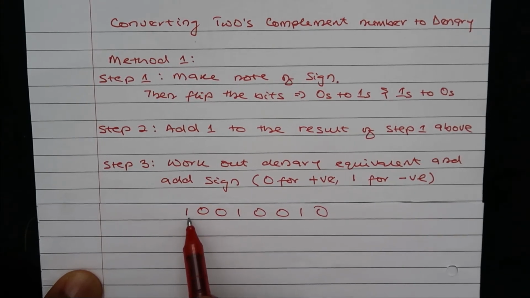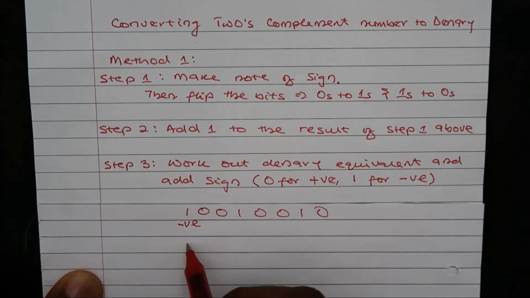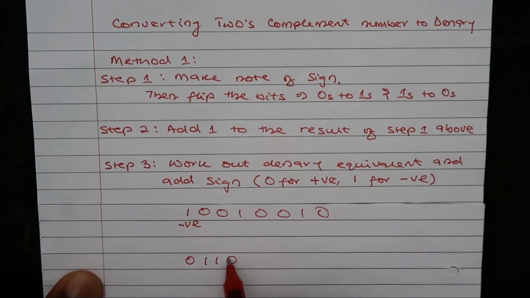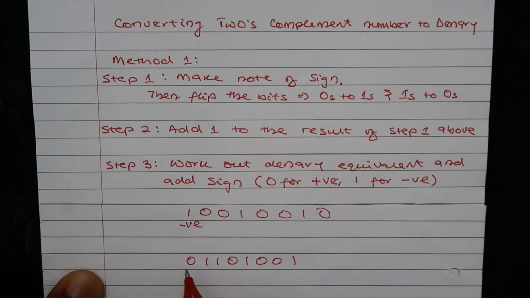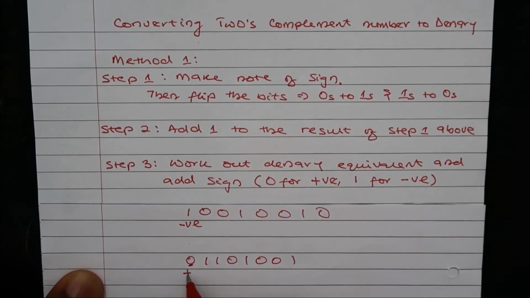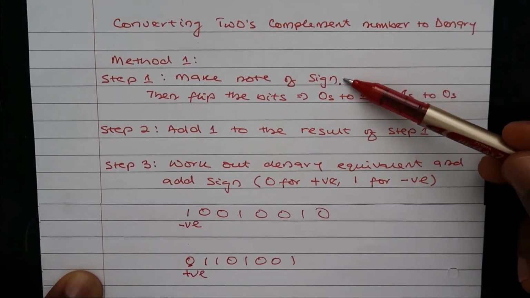We know in 2's complement, if a value begins with 1, it's a negative value. And if we have a value like 0, 1, 1, 0, 1, 0, 0, 1, which begins with 0, we know that value is positive. So you make note of the sign.